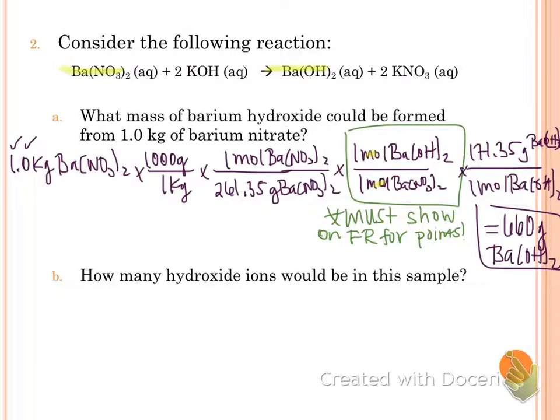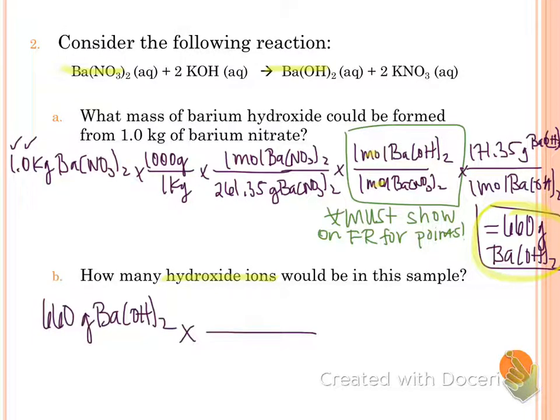Taking a look at part B, we're looking for how many hydroxide ions are in this sample of barium hydroxide here. So this isn't actually stoichiometry because we're just taking one chemical and finding something within it. We can just take our answer from part A in order to find this.